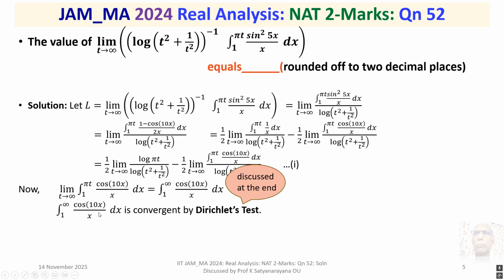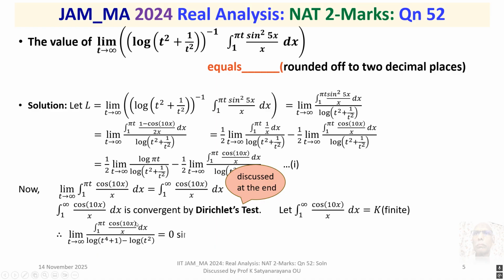So once we complete this problem, we take it: integral from 1 to infinity of cos 10x by x dx is convergent. Convergent means it exists as a finite quantity, a finite number. So let the integral from 1 to infinity of cos 10x by x dx exist, and that is k, which is finite. Then limit t tends to infinity of the numerator, integral from 1 to pi t of cos 10x by x dx, is k, the finite quantity. The denominator we have written as log of (t to the power of 4 plus 1) minus log of t square.